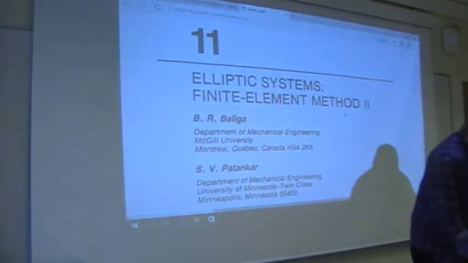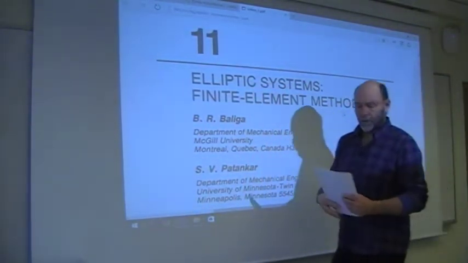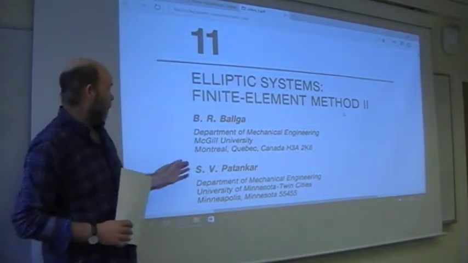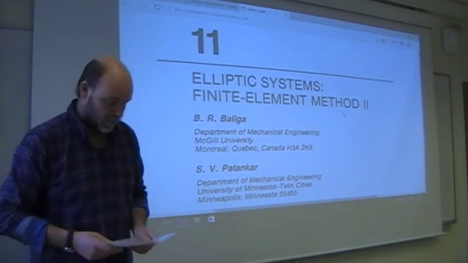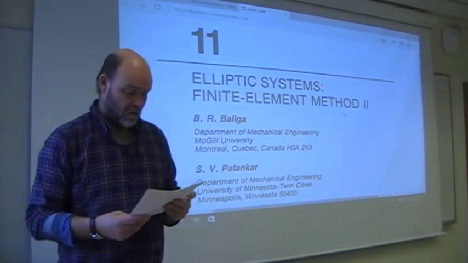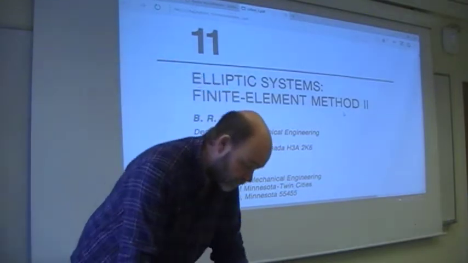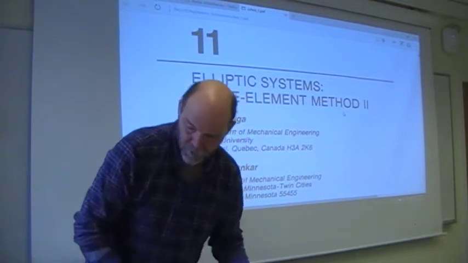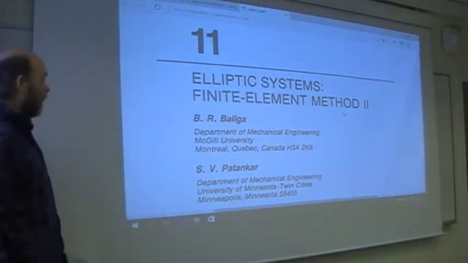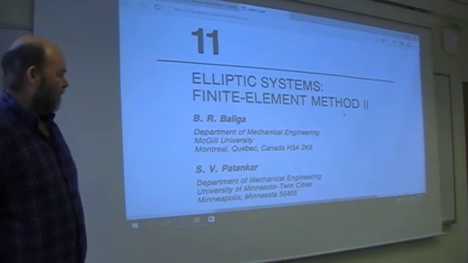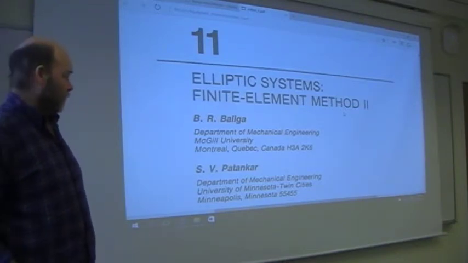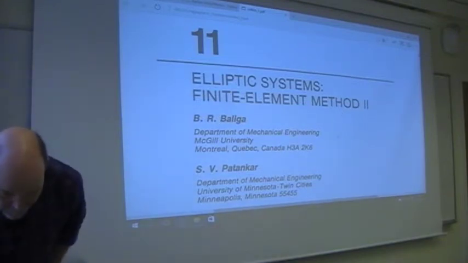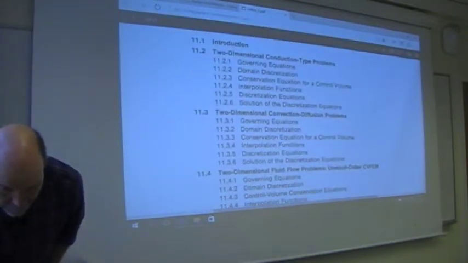So here is a couple of chapters I stole from a book, and the authors here, it's also Patankar, the old famous guru when it comes to finite volume. Now the chapter is called, as you see, Finite Element Methods, number 2. They call it a control volume finite element. I call it finite volume. So I'll show you why later on.